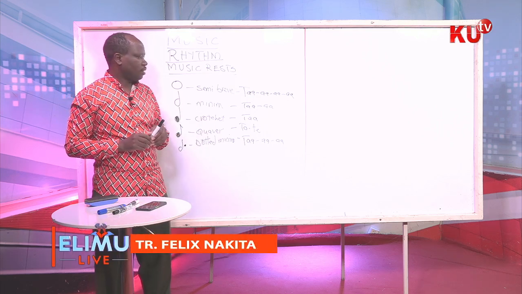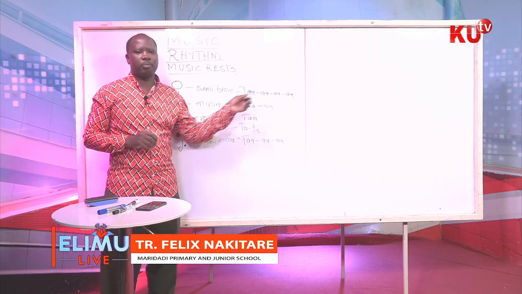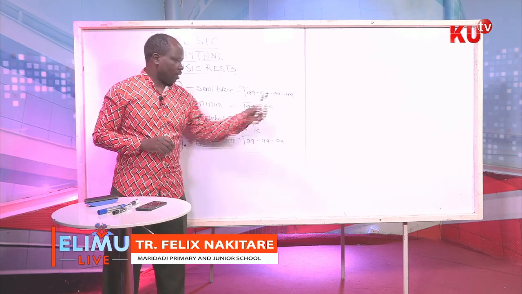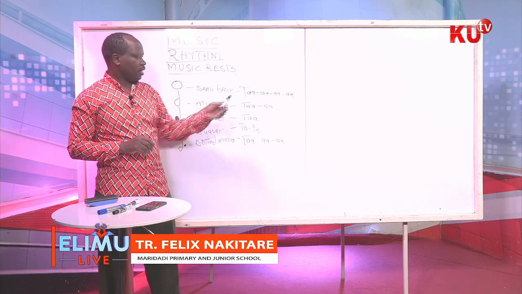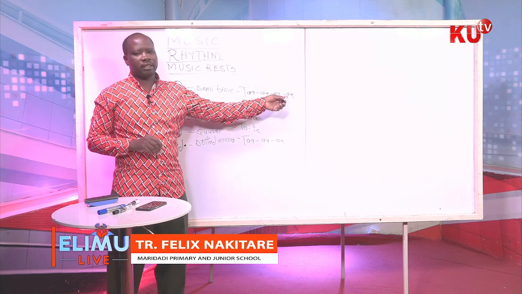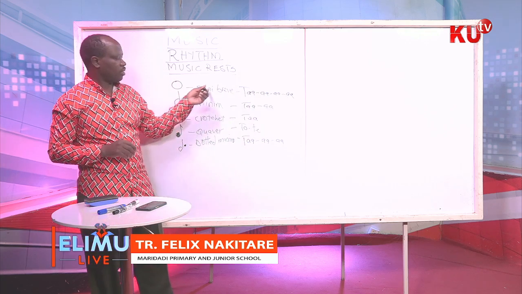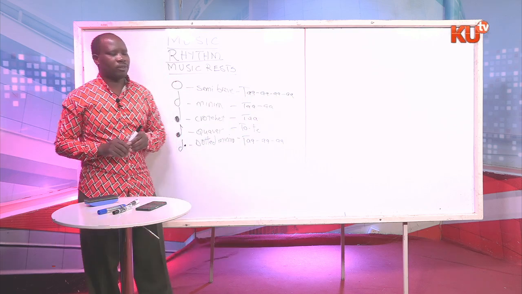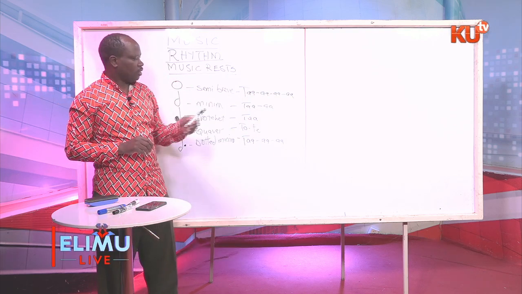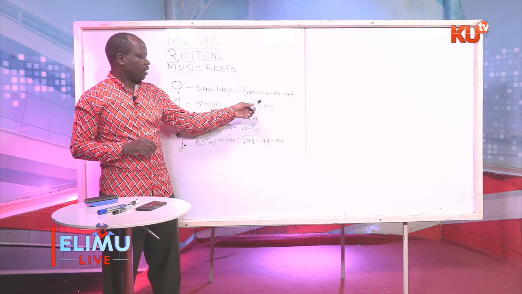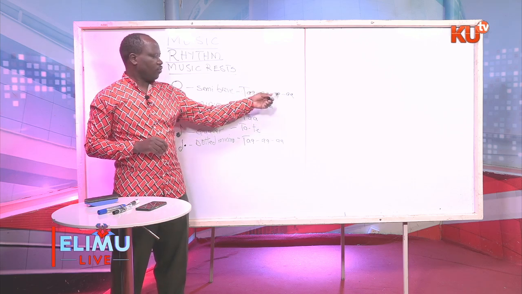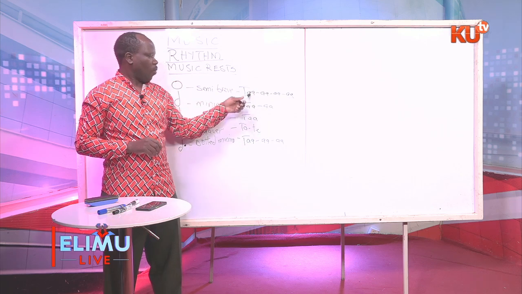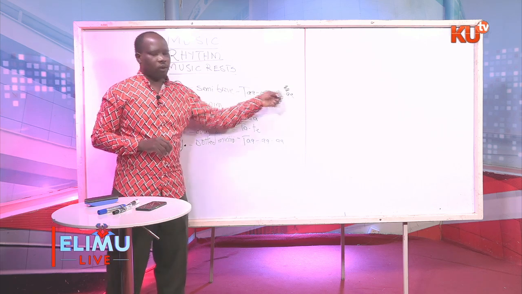For instance, when we look at the semi-breve, ta a a a, this gives us how many beats are in it. When we count the number of beats, we shall say 1, 2, 3, 4. Ta a a a, 1, 2, 3, 4.